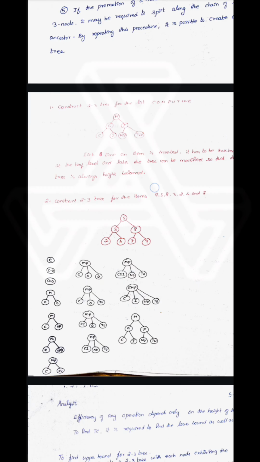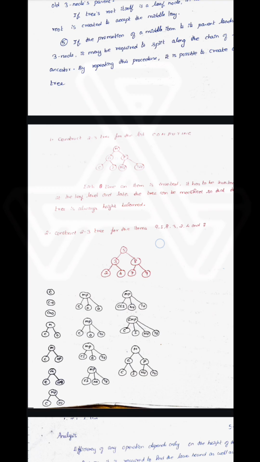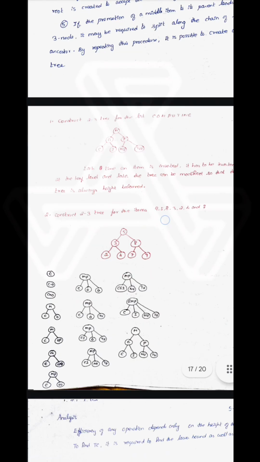Then we will be adding U, T, that is COMPUT, and so on. Construct a 2-3 tree for the items like this: 9, then we will be adding 5, then we have to add 8, and so on.